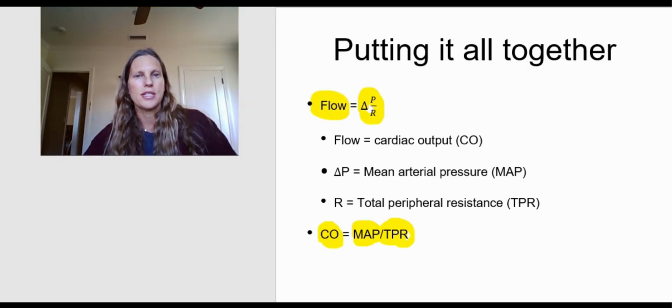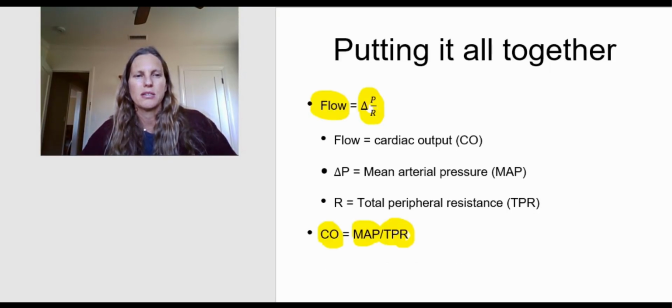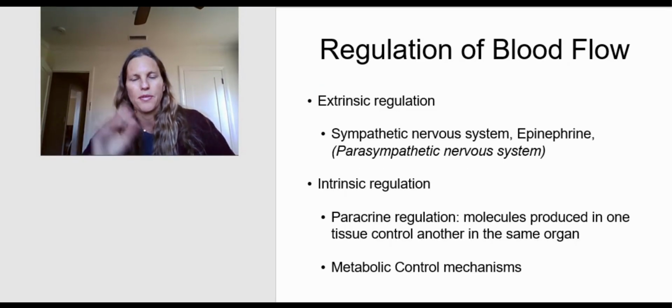That's the same as saying flow is the change in pressure divided by the resistance. So hopefully that makes sense to you guys. I think that should make sense. Just got to think about it for a minute.